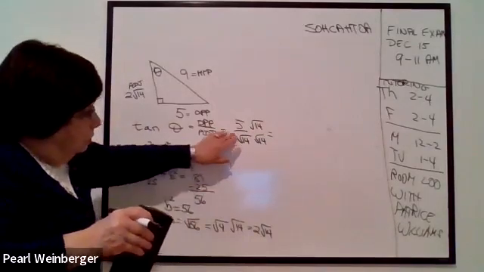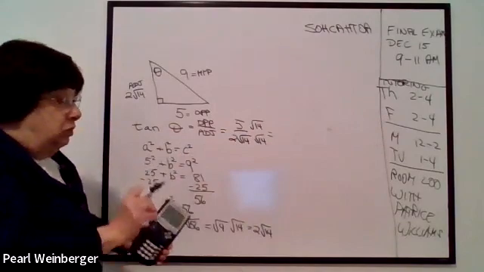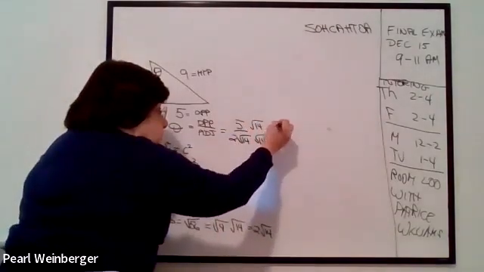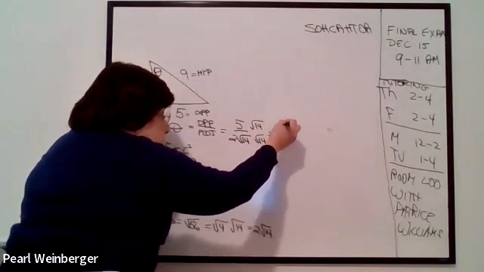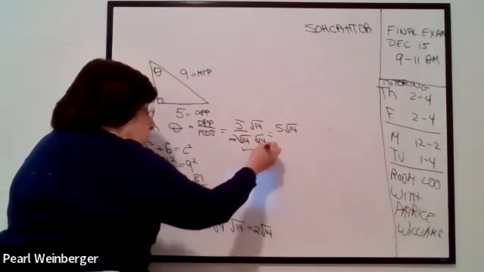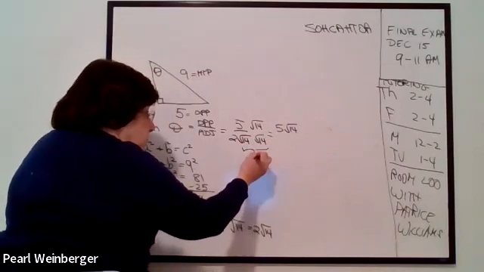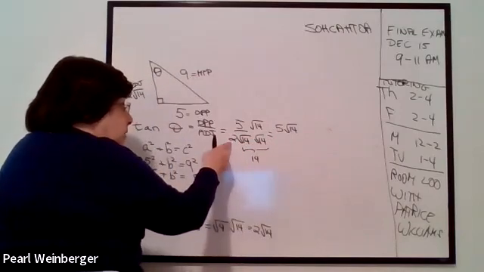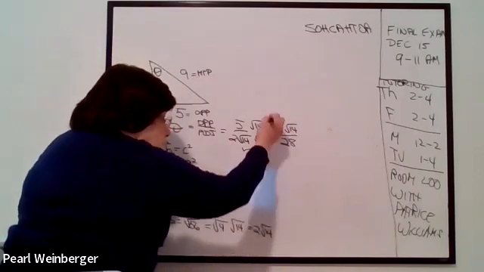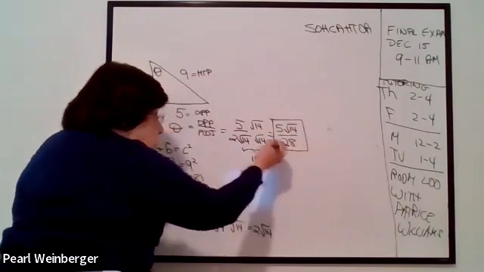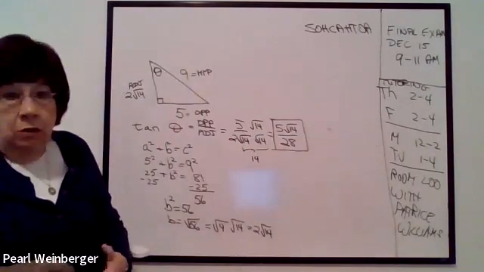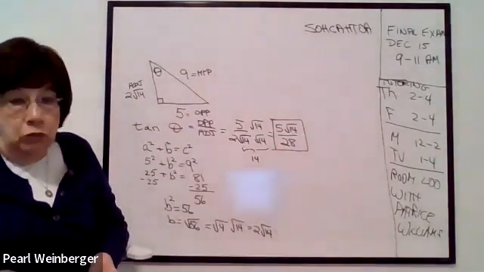It's 2 times, so there's no plus in between it, so we don't use the conjugate. This becomes 5 radical 14. The square root of 14 times the square root of 14 just becomes plain 14. So I have to multiply the 2 times the 14, and that gives me 28. And that would be my answer in simplest radical.